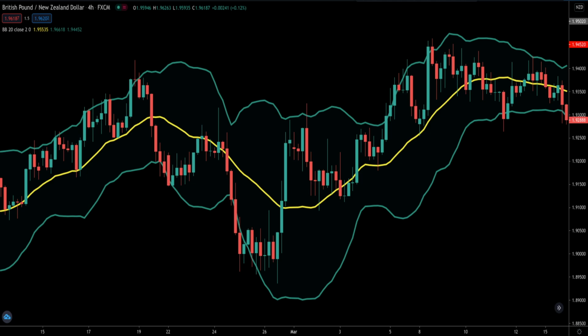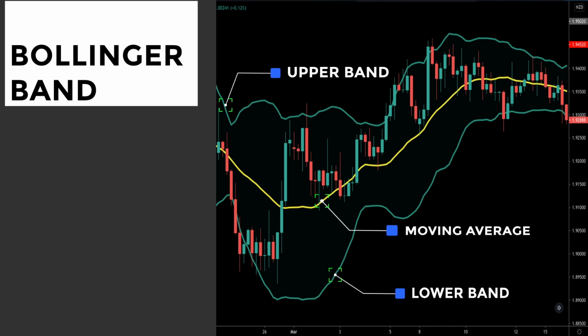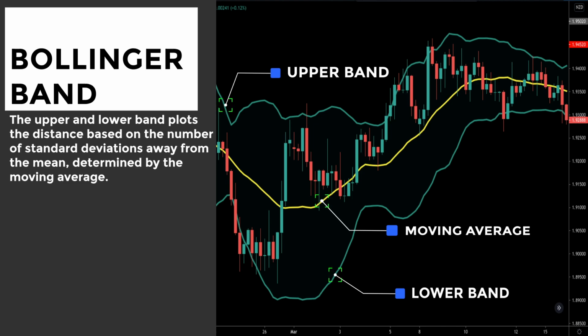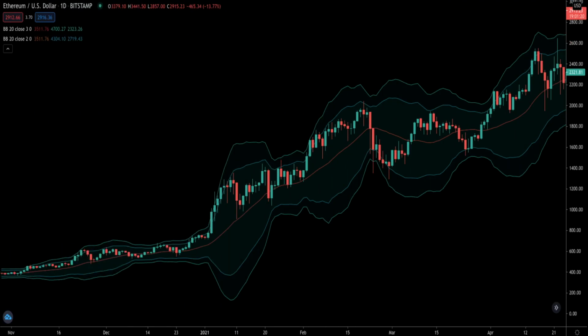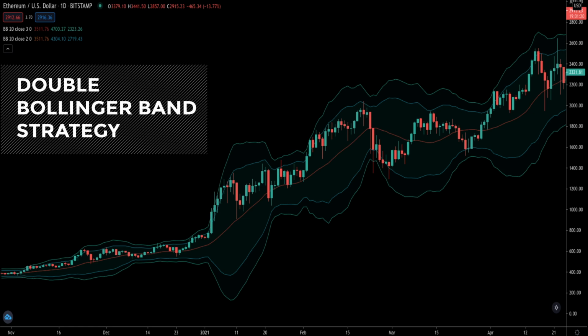So quickly, this is how a Bollinger Band looks like. It consists of a moving average and two bands, the upper and lower band. The upper and lower band plots the distance based on the number of standard deviations away from the mean, which is determined by the moving average. If you study statistics, you will know the importance of a 2 or 3 standard deviation away from the mean.